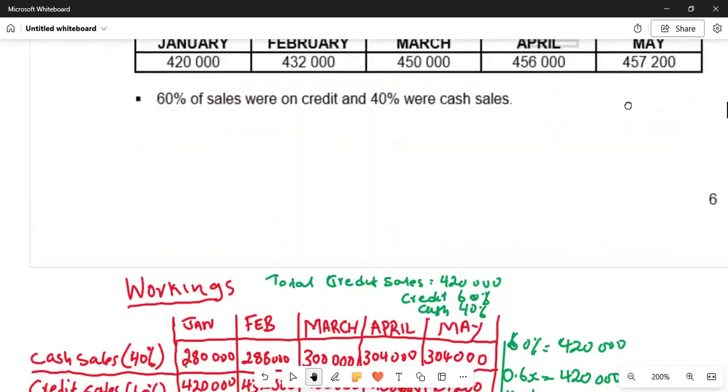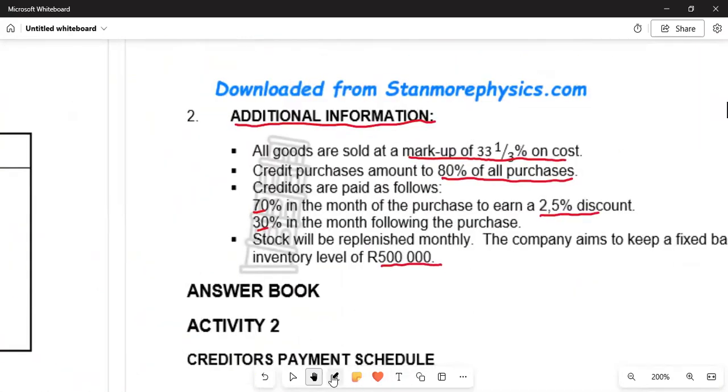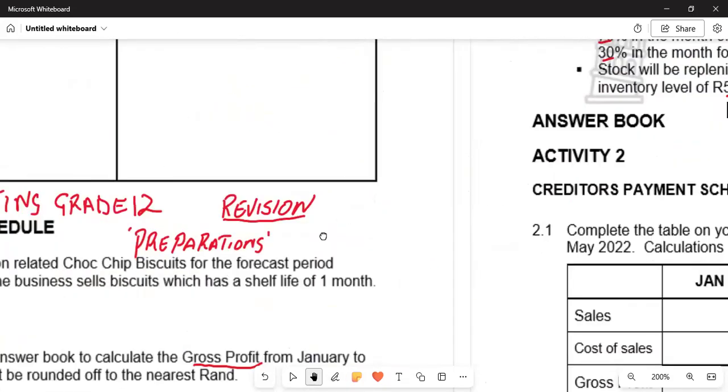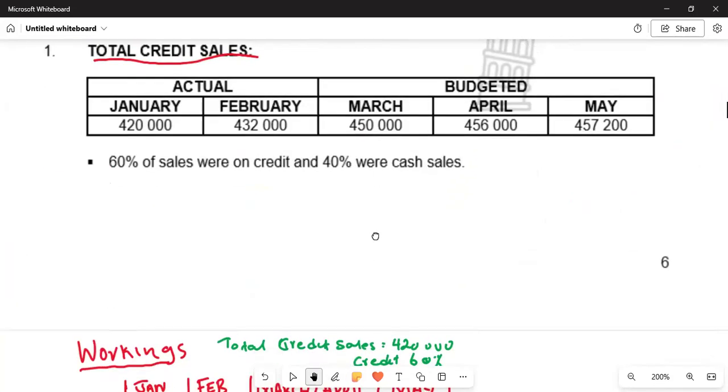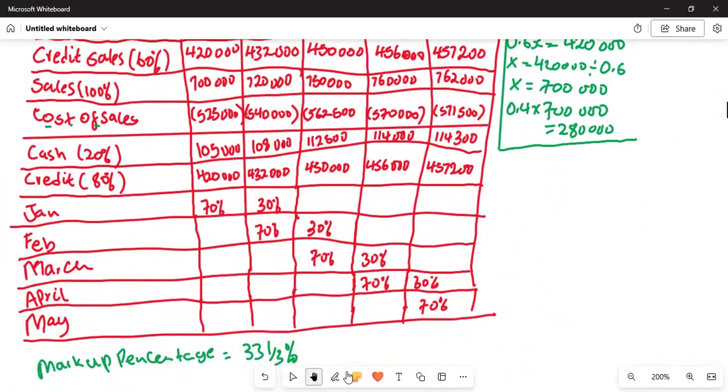We can go and see where we got that from. Also, we know our selling price, our total sales of 700, which is this one.